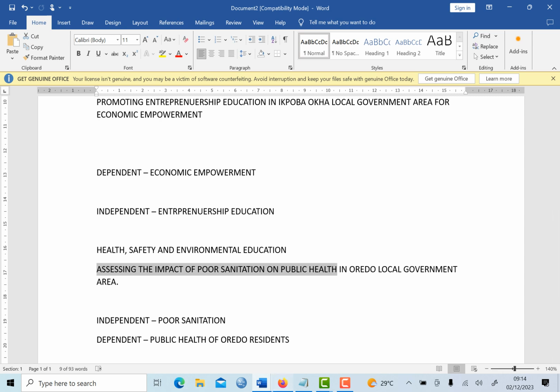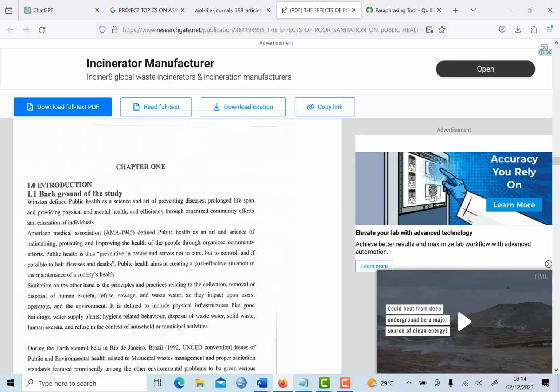So if you check this article, first of all, the article is talking about public health. Am I communicating? I'm trying to tell you that the first thing you should be talking about majorly is your dependent and independent variables. So what do you do?